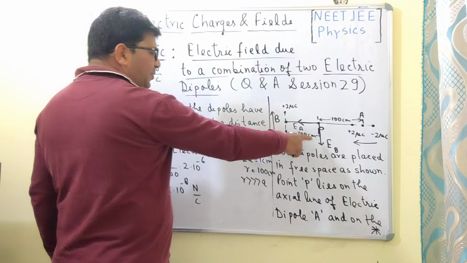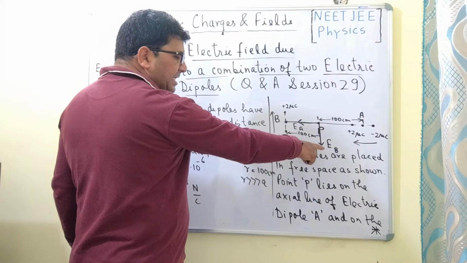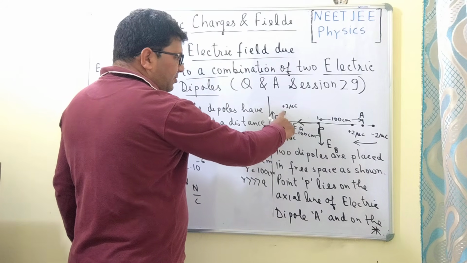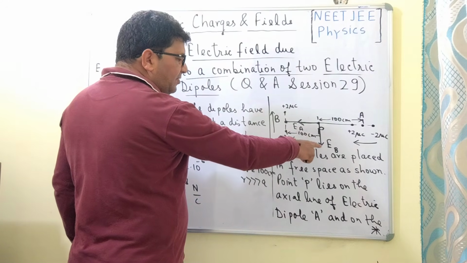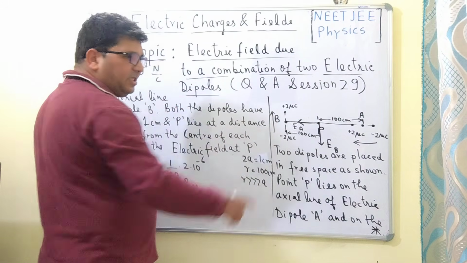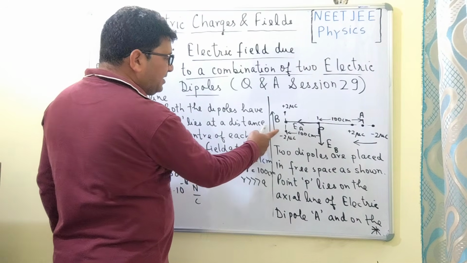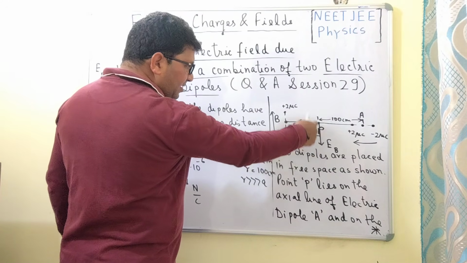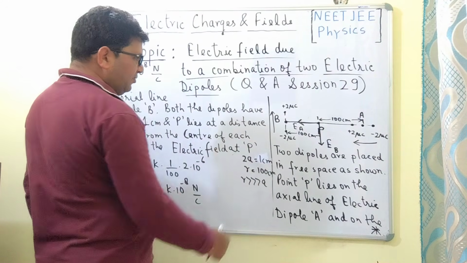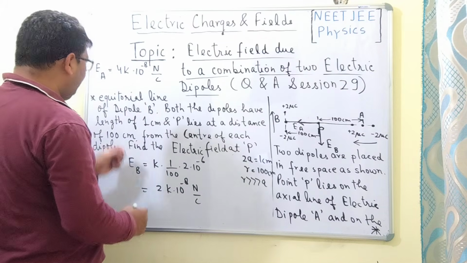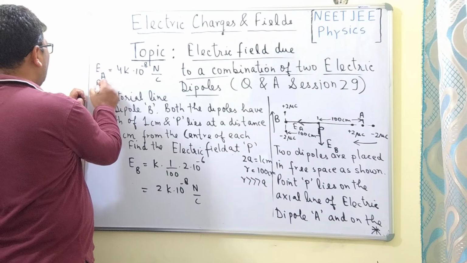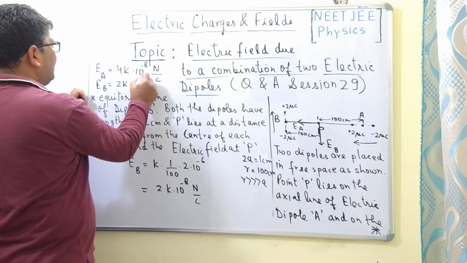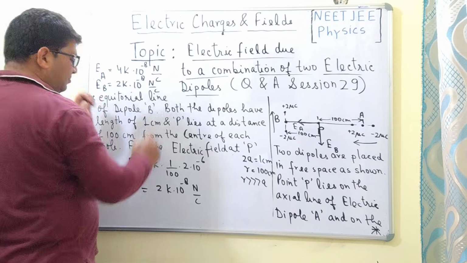The direction of the electric field on the equatorial line of any dipole is always opposite to the dipole moment. So EB is equal to 2K into 10 to the power minus 8 Newton per Coulomb.